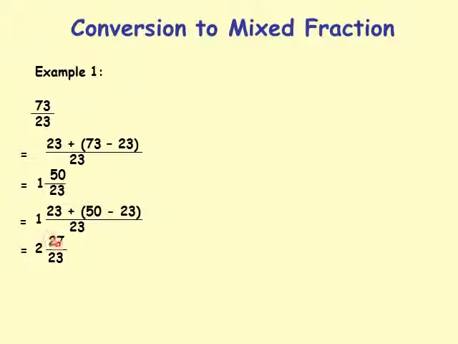So we take out another group of 23 from here, that adds to the whole number part, and the final remainder would be 4. So we convert that further to 3 as a whole number and 4 divided by 23 as a proper fraction part. This is now proper. Okay, so this is the final mixed fraction representation of 73 by 23.